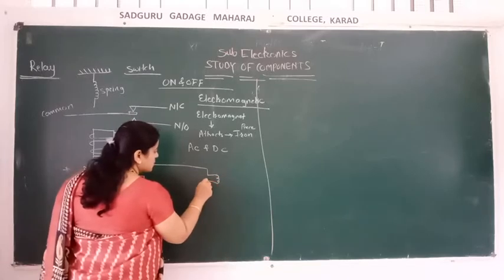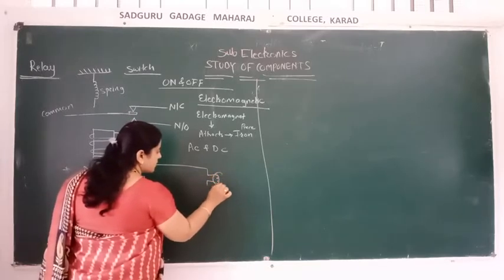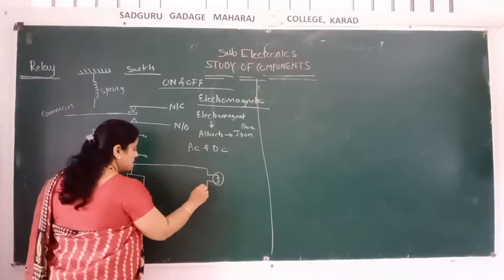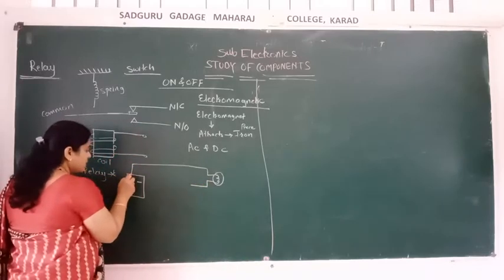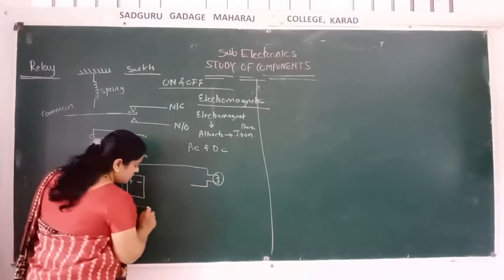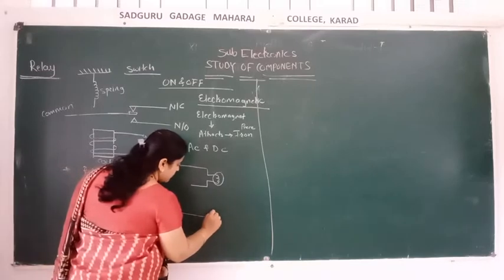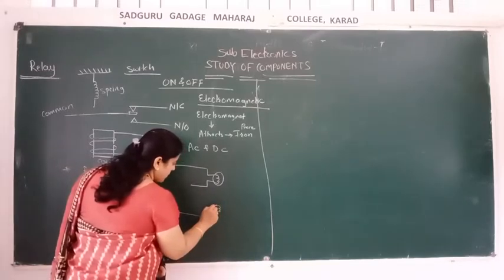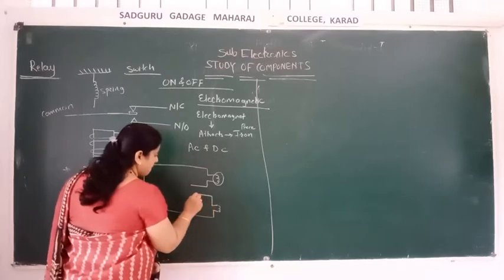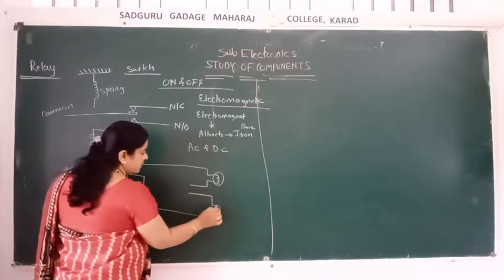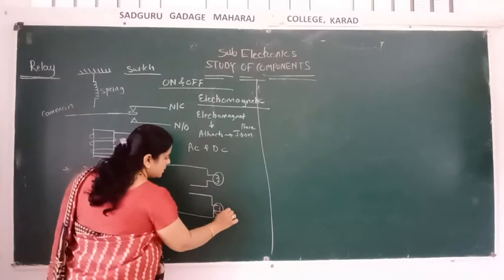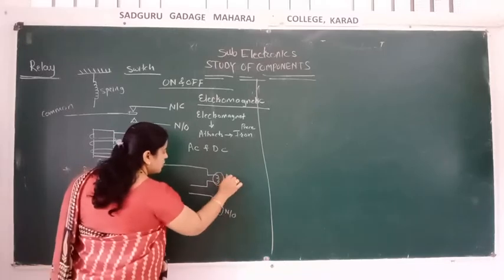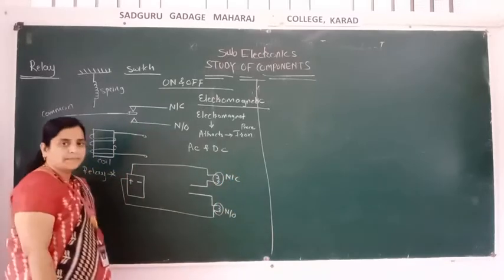Suppose one bulb you are connected here, and one more bulb you are connected here. Okay, these two bulbs, that is the normally open bulb and the normally closed bulb.